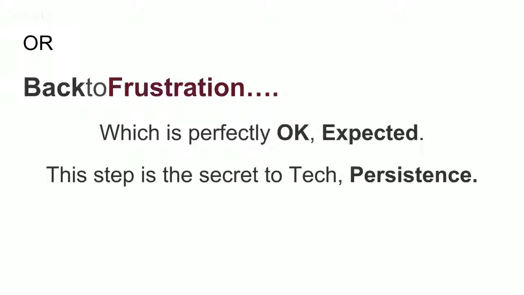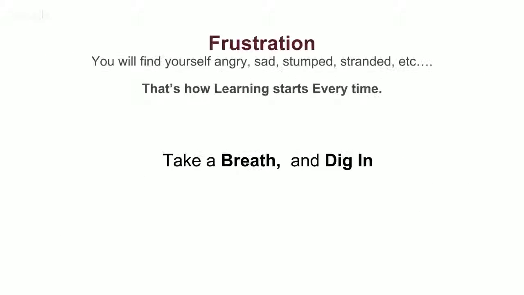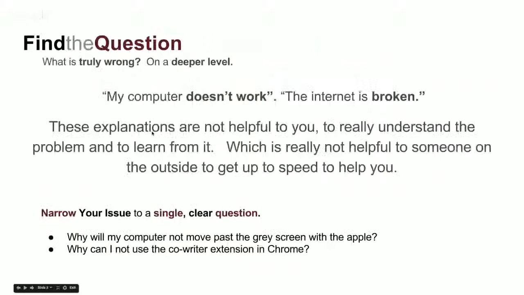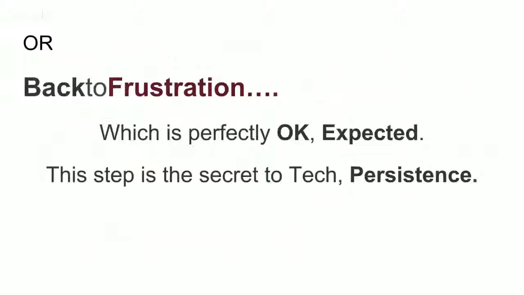There's not just one answer to things. These are complex pieces of hardware. They're complex pieces of software. It's not always going to work the first time. And so the real secret to this whole thing, everybody always looks for secrets in this self-help type stuff, is the persistence of it, to move all the way back to the frustration step and move through it one more time, and hopefully get closer.